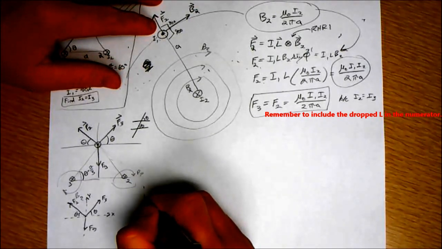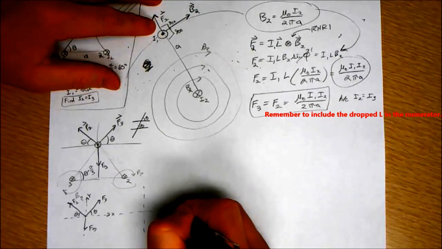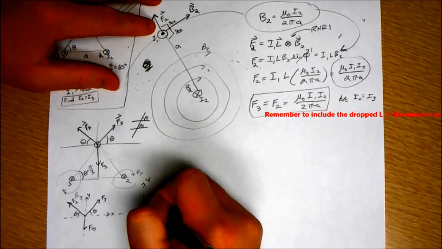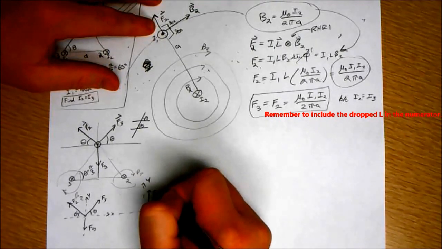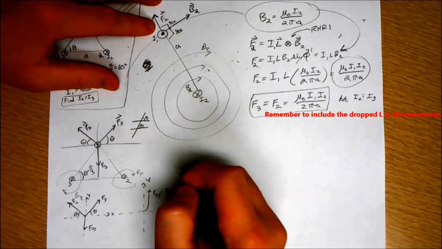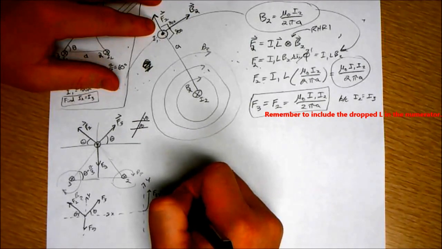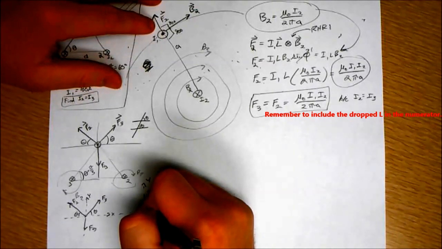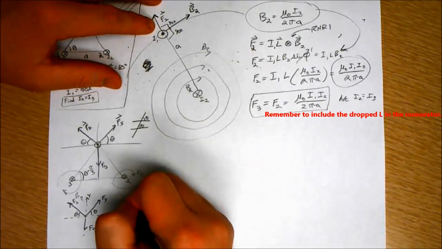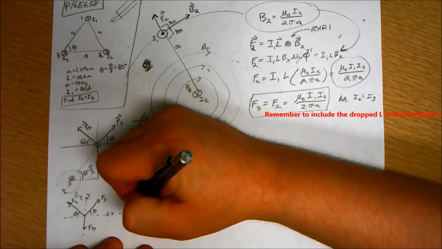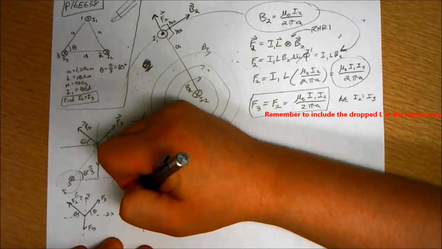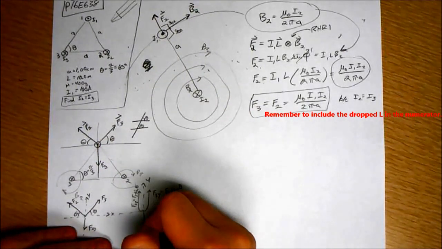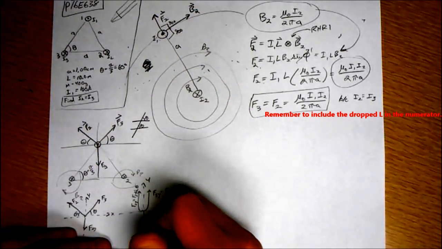I can draw the free body diagram again and say F3y equals F3 sine of theta, and F2y equals F2 sine of theta. I'm cramming a lot on this diagram. This is Fg.